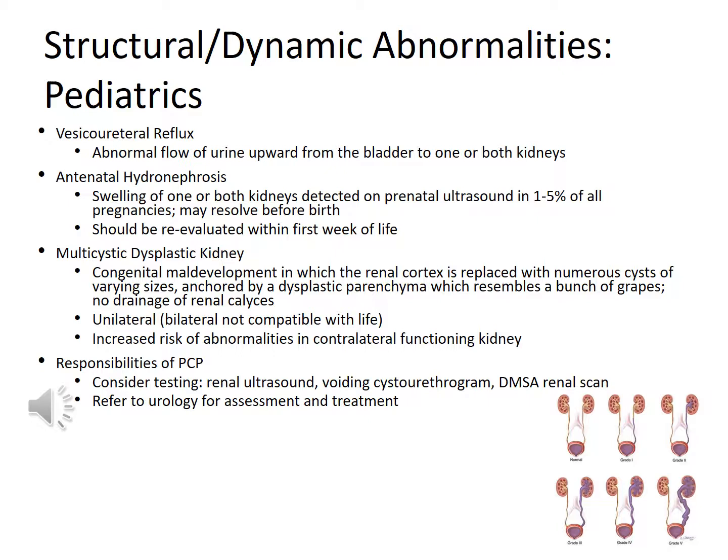A DMSA renal scan is also something that can be done to rule out vesicoureteral reflux, and that looks at the renal cortical areas of the kidney to evaluate for defects.